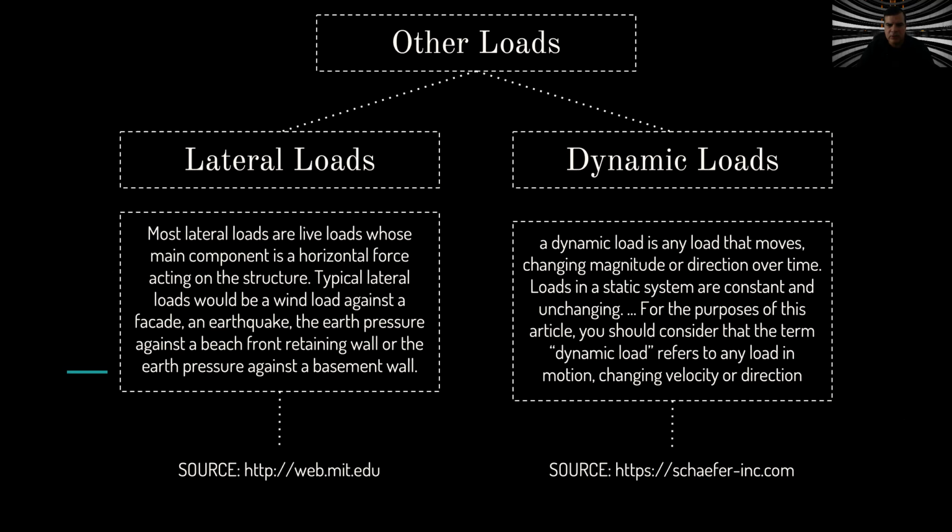Lateral loads can be, for example, when we have an underground parking lot, and the dirt on the other side of the walls will tend to push the element. The earth will create some kind of pressure, and there are many types of dynamic loads related with motion.